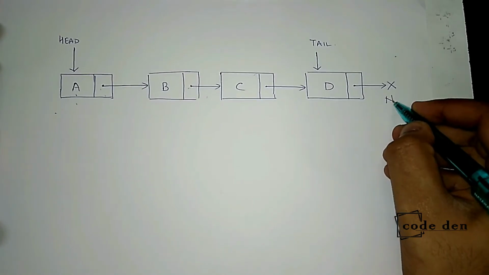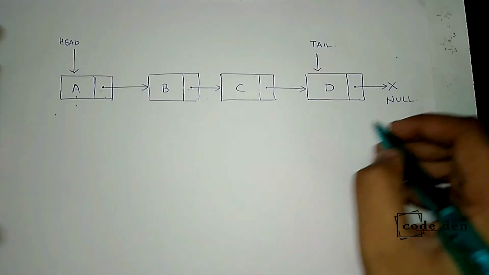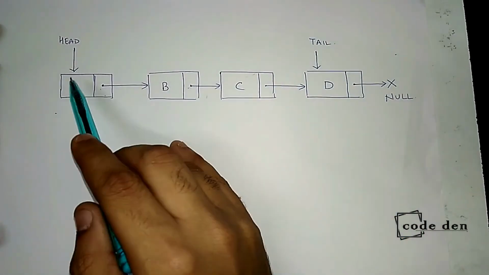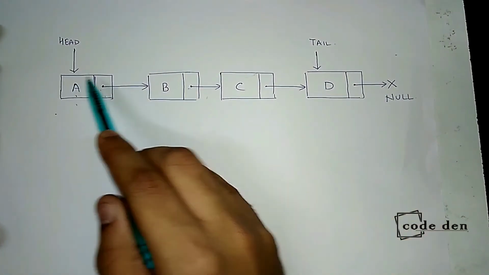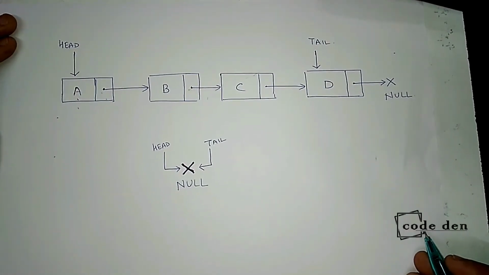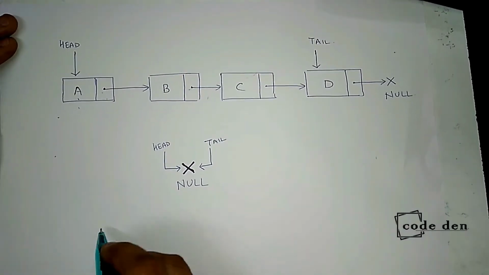The last node in the list points to null. The head pointer points the first node while the tail pointer points to the last node. Initially, when the list is empty, both head and tail point to null.